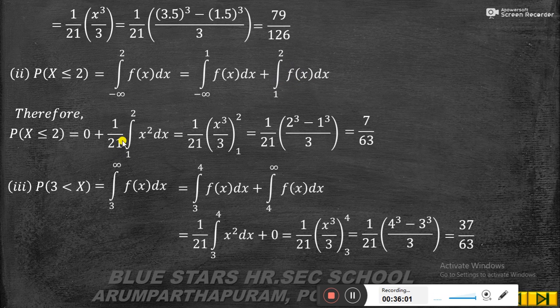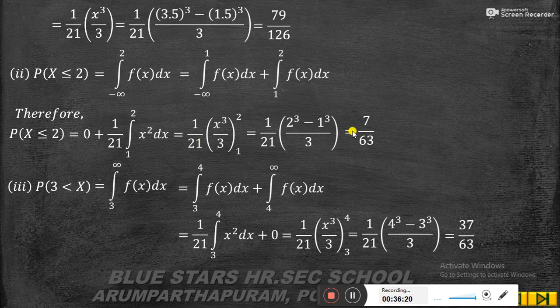So I write 1 by 21 into the integral from 1 to 2 of x square dx. Now I integrate the x square. Integration of the x square is x cube by 3. So I substitute 1 to 2: 1 by 21 into 2 cube by 3 minus 1 cube by 3.